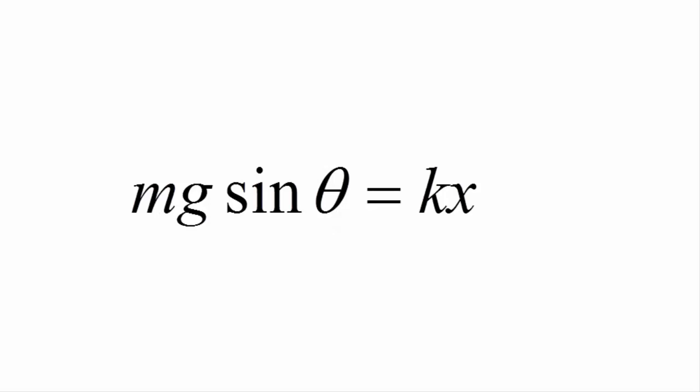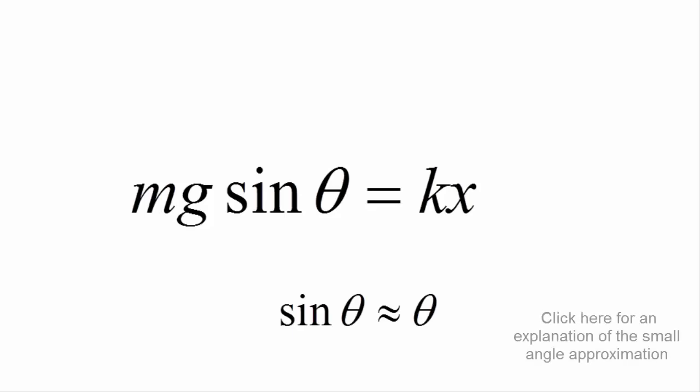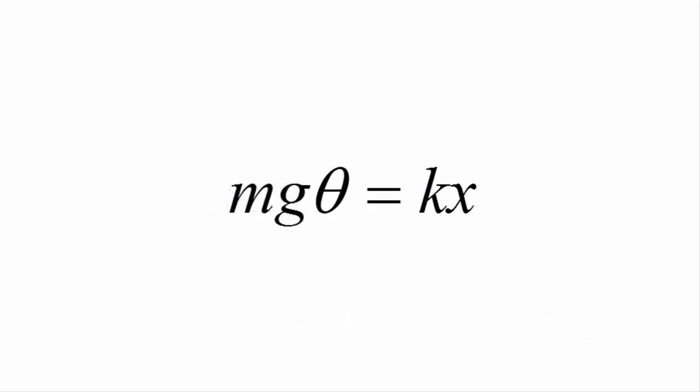When analyzing a simple pendulum, it's convenient to use a small angle approximation. If the angle, when expressed in radians, is small, then sin theta is approximately equal to theta. Click on the link below for an explanation of this approximation. In the limit that the angle is small, the restoring force is equal to the product of the mass with gravity and the angle.